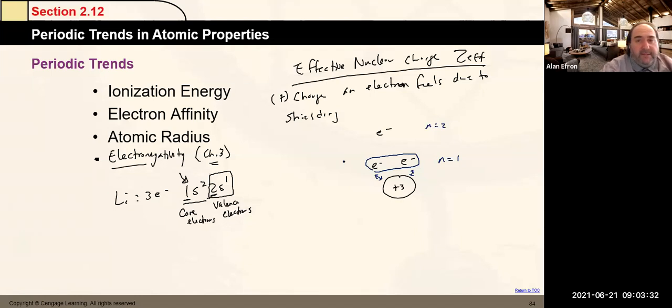One thing about positive and negative charges is that we have electrostatic attraction between them, and the strength of electrostatic attraction increases with charge.